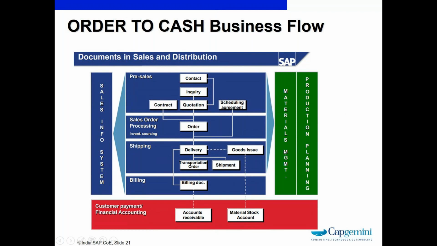So SD is the first module in the supply chain where the orders are understood. The sales order volume in the month of January 2023 will tell the production team to get ready. The sales will tell the MM team to get ready because this is the stock you have to handle.